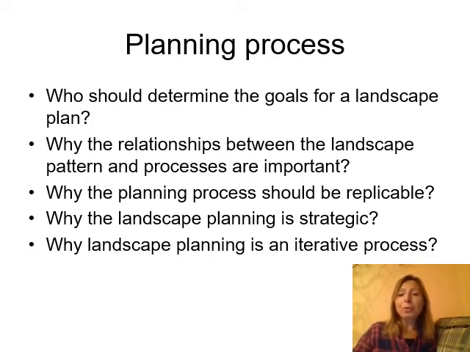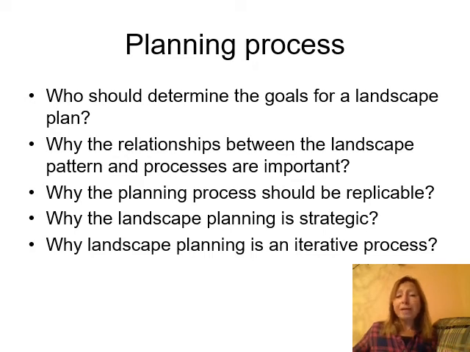So who should determine the goals for the landscape plan? Is it the planner? Is it the community? Is it local government? Why are the relationships between the landscape pattern and process so important? Why should the planning process be replicable? Are we planning only once for one place, for one goal? Is there any connection between our different planning projects and how they're related, and who should be involved?